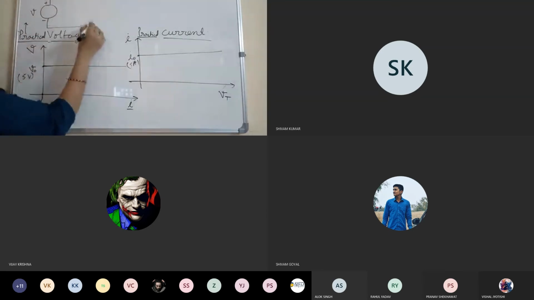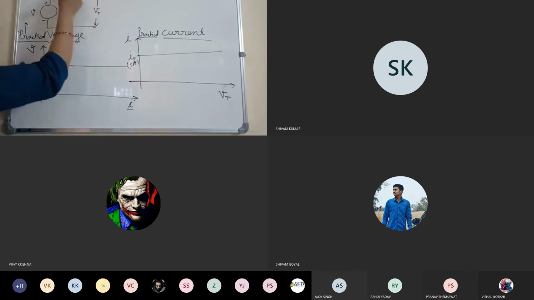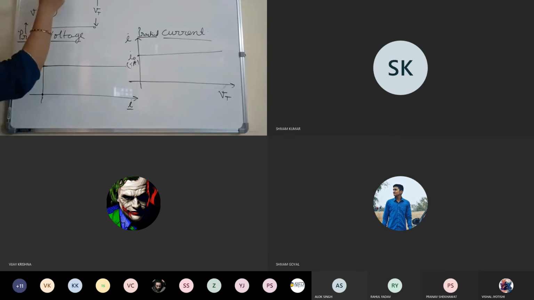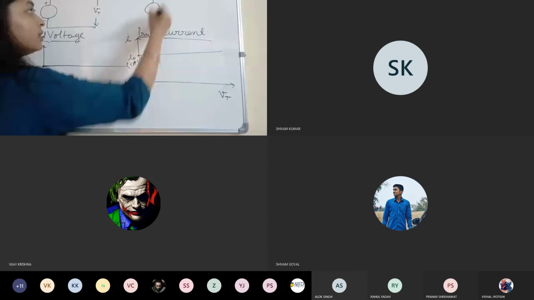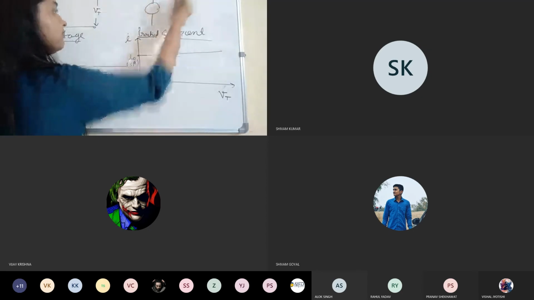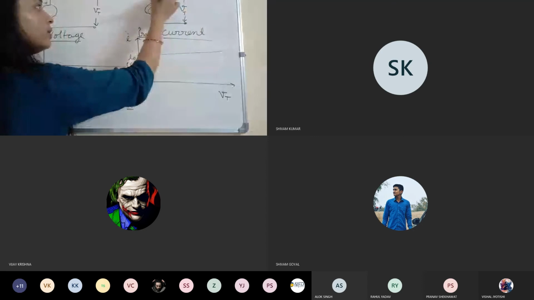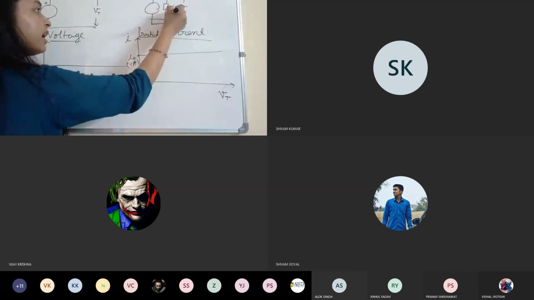If you remember my last class, this is Rin. Rin is also known as RS, series resistance. Please don't get confused. Similarly, I is the current. So this is the practical voltage source. If we talk about the practical current source, this is the RSH.